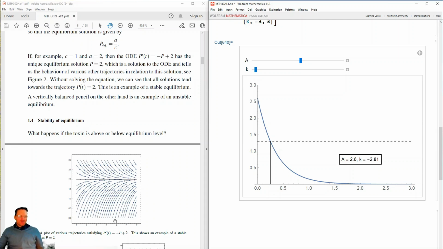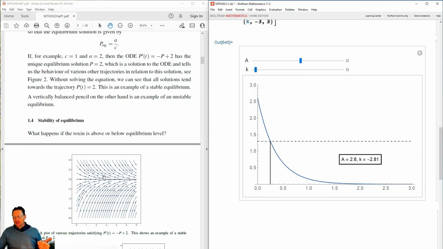Now each of those is a solution to that differential equation, because remember, in a general solution you have solutions for basically any initial value that you have, right? So you have several solutions. Now an initial value you can think of as a point. Say, suppose when t is equal to 1, you have a concentration of p equal to 2.5. Okay, so that's roughly where my mouse is. You might have a point. Okay, so that would be an initial value, and then that would fix a particular trajectory.